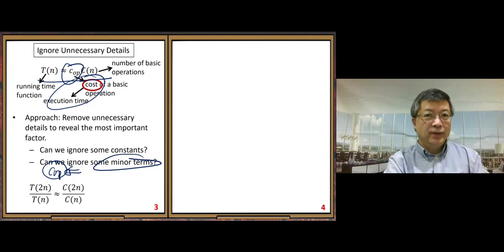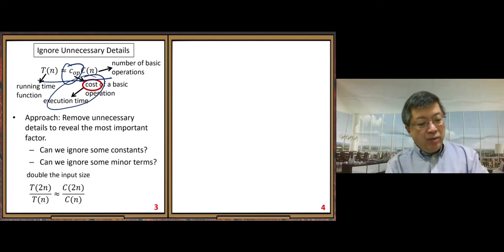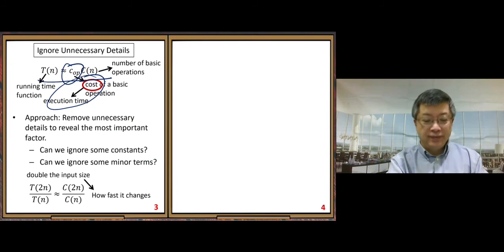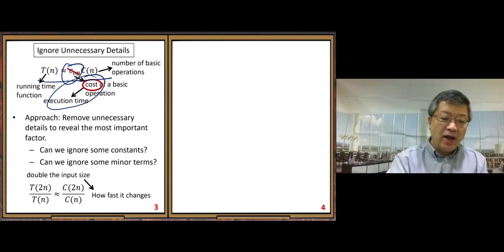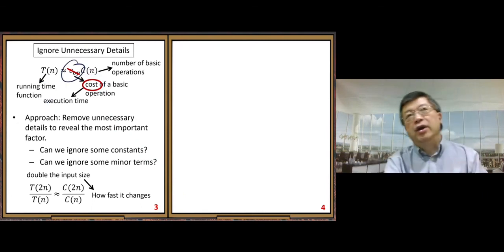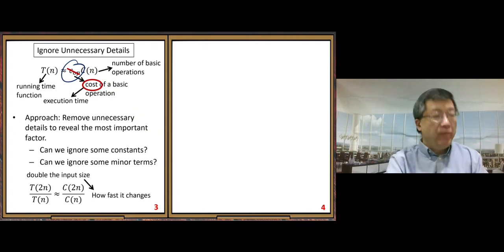All right. So here, what do we get when you double the input size? How fast does the function change? With this background, now you can see we can safely ignore unnecessary information.